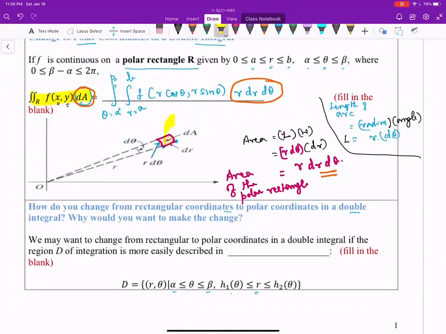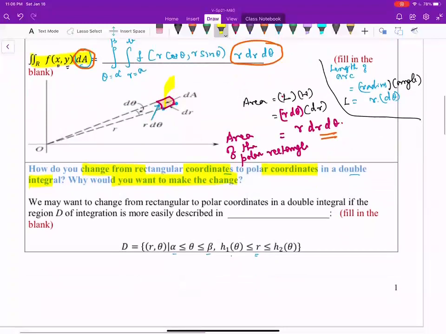How do we change from rectangular coordinates to polar coordinates in a double integral? Why would you want to make that change? We want to change from rectangular to polar in a double integral if the region D of integration is more easily described in polar coordinates.